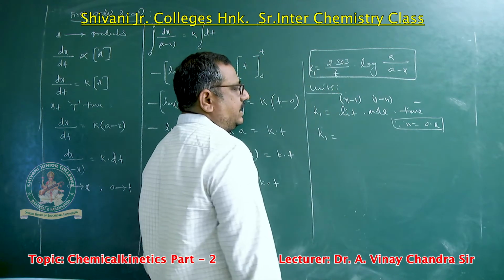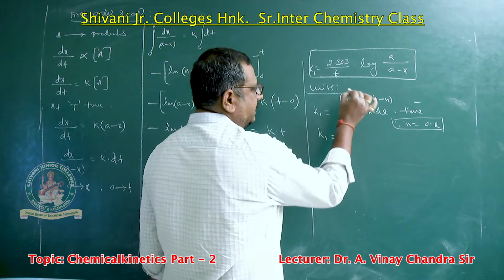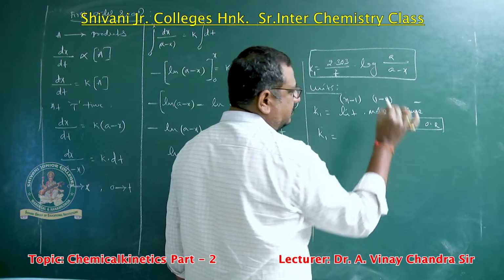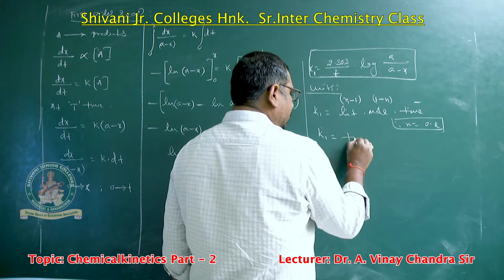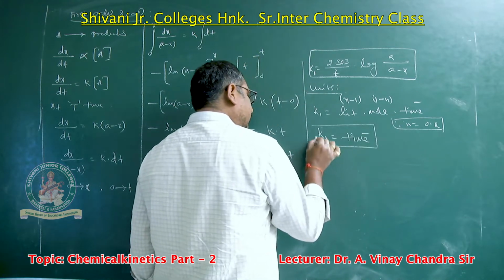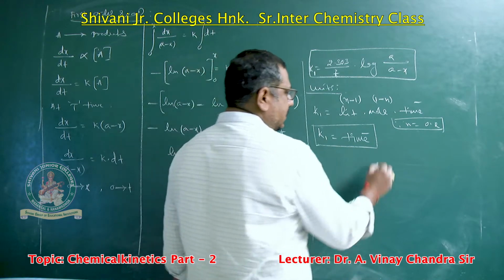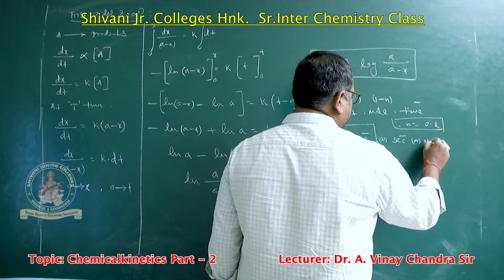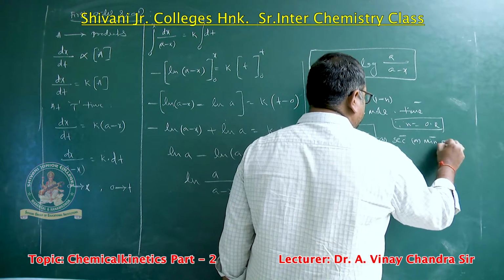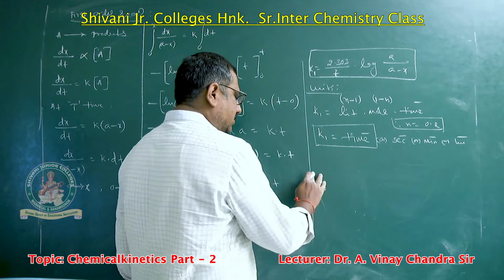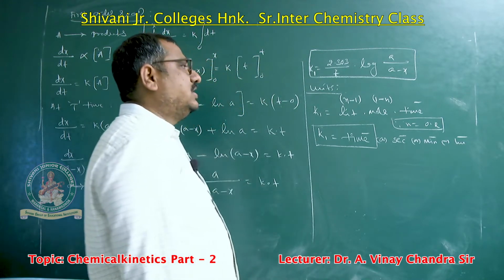Here the order of reaction is zero order, so 1 minus n for the liter and for the mole becomes 0 and the rate constant unit is time inverse. Time inverse means either second inverse, minute inverse, or hour inverse. So this is the unit for a 0 order reaction.